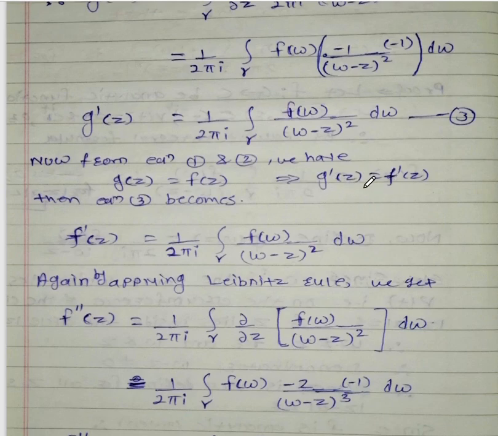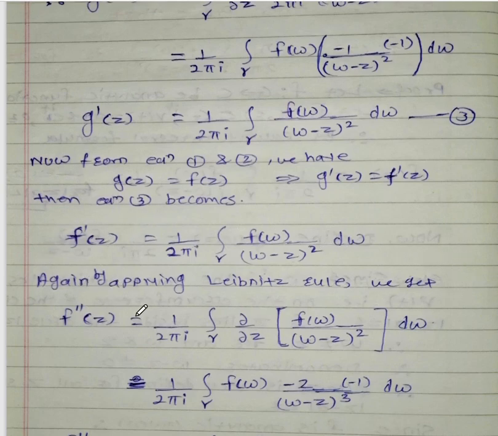Now we will put this value of g dash of z in equation number 3. Then equation number 3 becomes f dash of z equal to 1 upon 2 pi i integral over gamma f of w upon (w minus z) to the power 2 dw. So this is the first derivative of the given f of z.